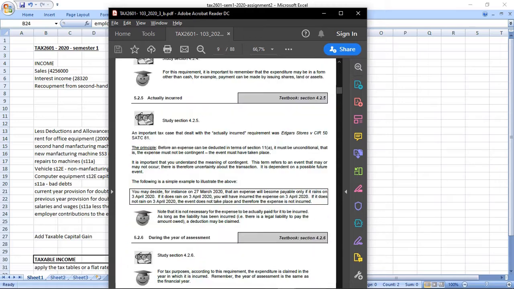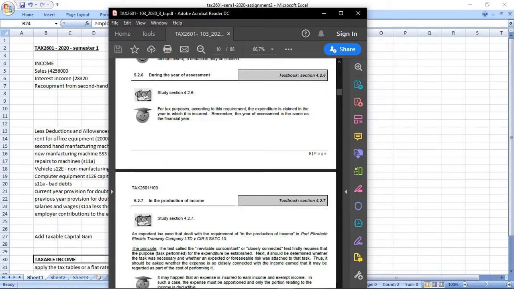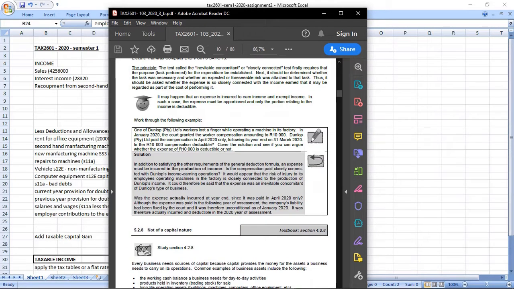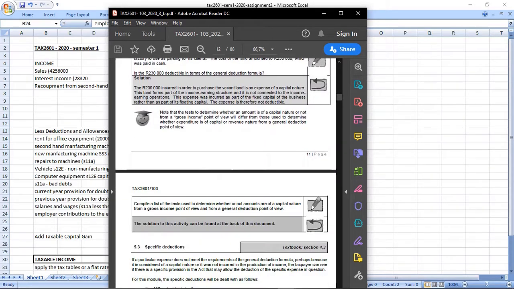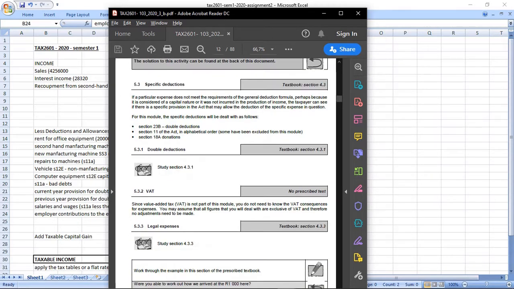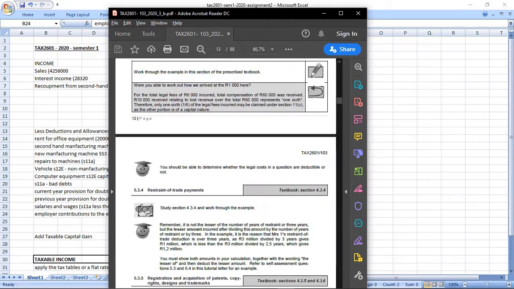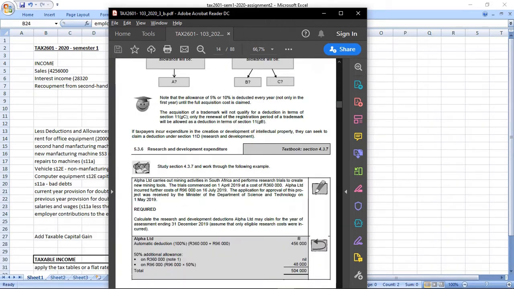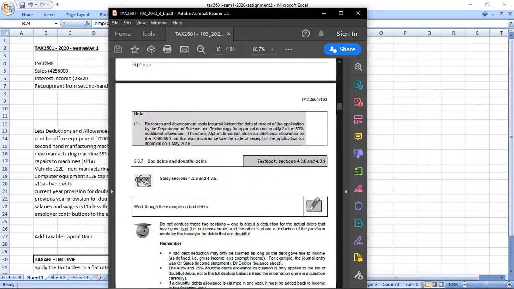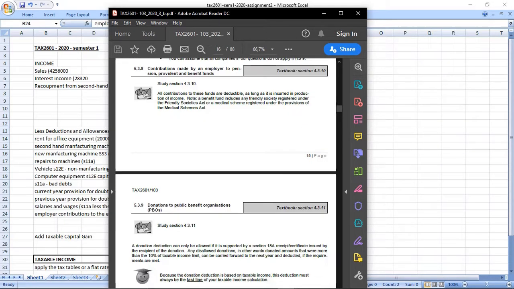Production of income, capital nature, this is all theory. VAT, legal expenses, restraint of trade, copyrights, no, where is it? Bad debts. Here, there we go.